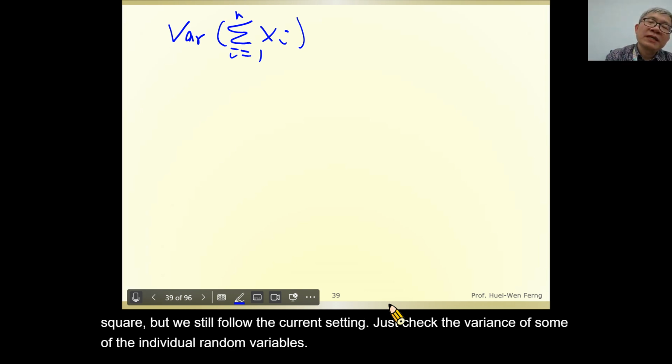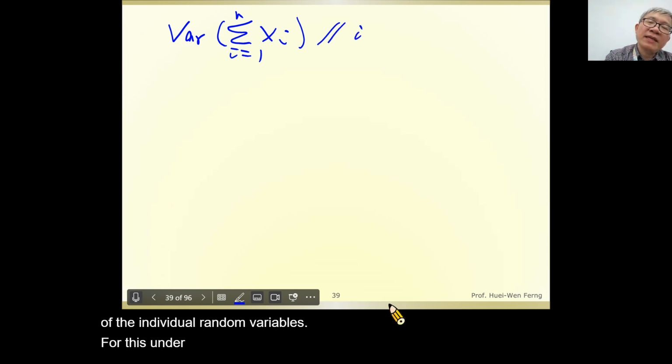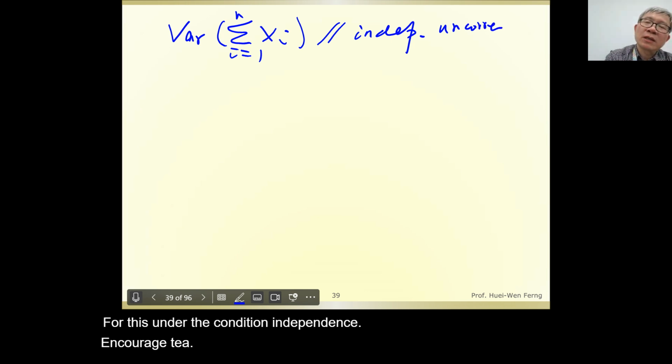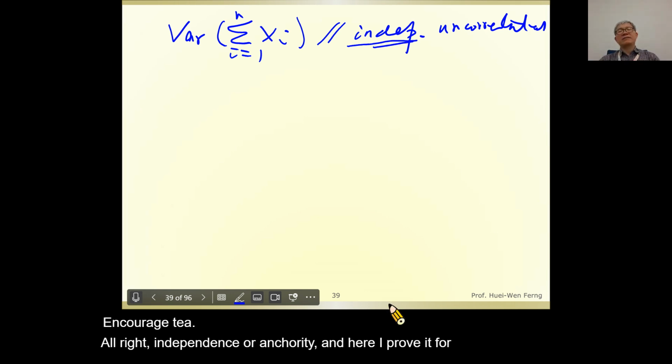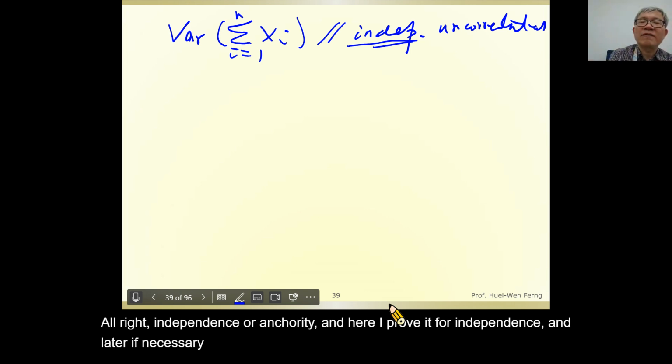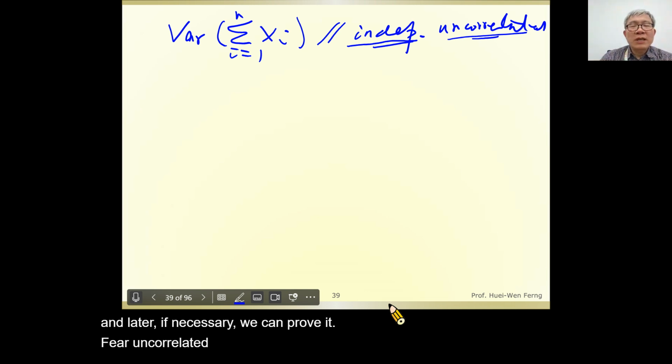For this, under the condition of independence or uncorrelated. Here I prove it for independence, and later, if necessary, we can prove it if they are uncorrelated. Either one still has the same result.